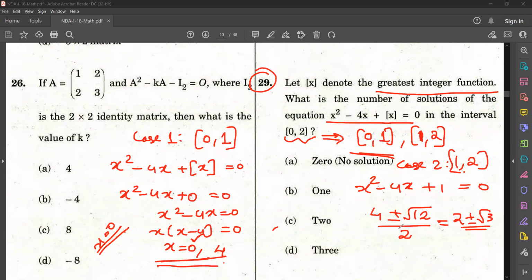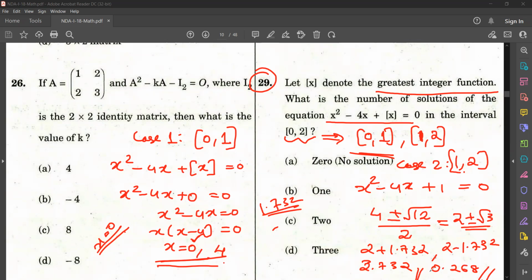Root 3 value is 1.732, isn't it? So one answer is 2 plus 1.732 and another answer is 2 minus 1.732. So this will become 3.732 and this will become 0.268.